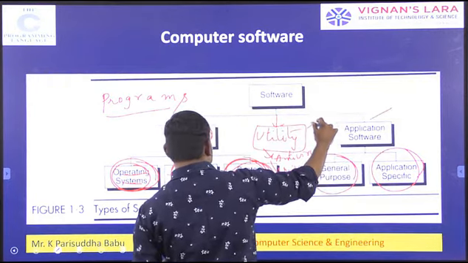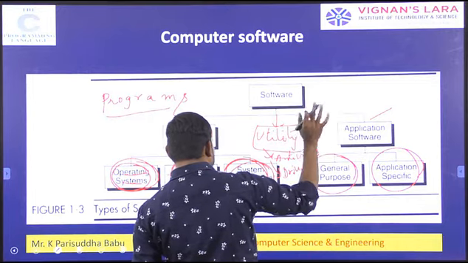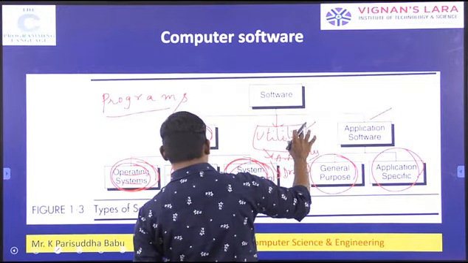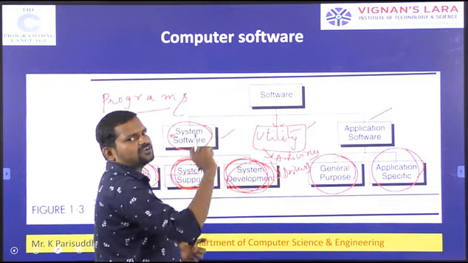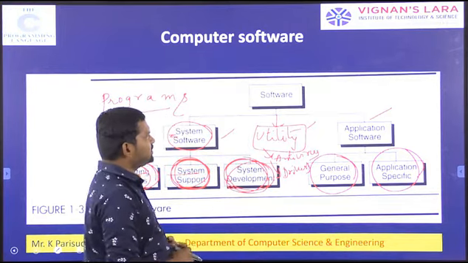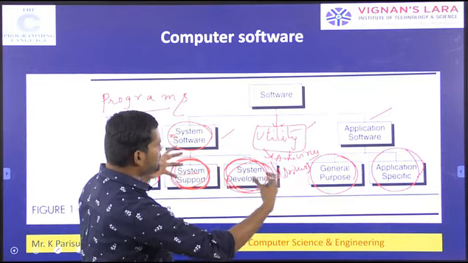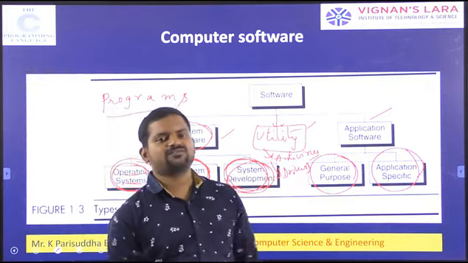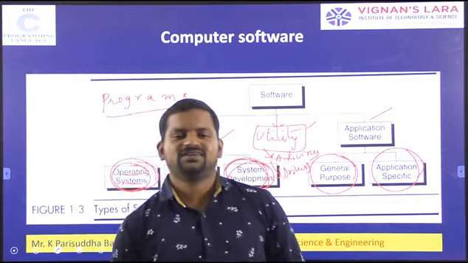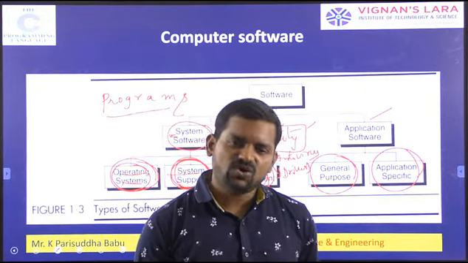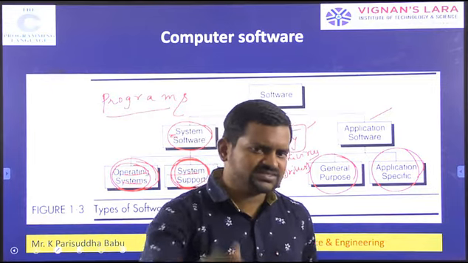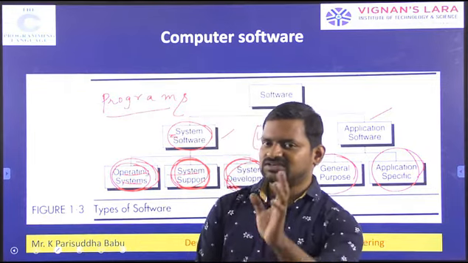Utility software: without utility software, the additional devices cannot be run. System software: without system software, the system cannot be run. The combination of all these software is simply called software. Programs, instructions, modules, methods: every language pronounces it in different ways.